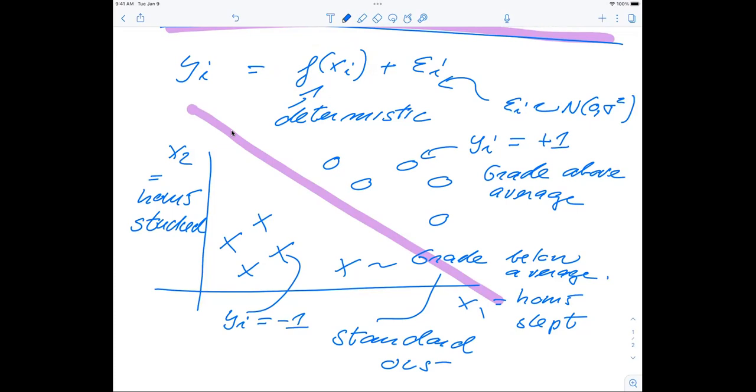So it means that in the input to your machinery, you have said that if I have y of i equal to 1, then it's a grade which is above the average. And if I have y of i equal to -1, it's a grade below the average. So this is fully possible to actually do with what we have done.